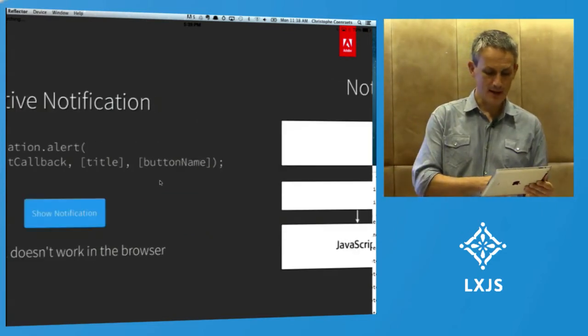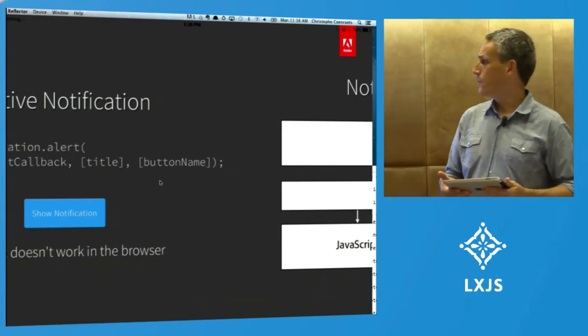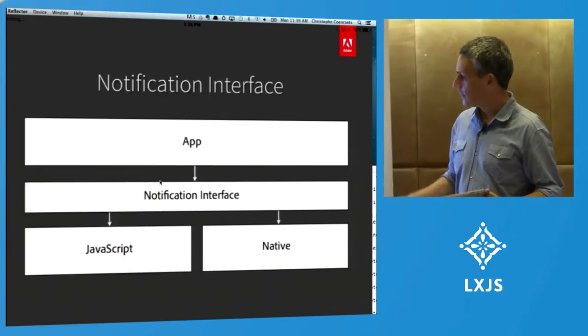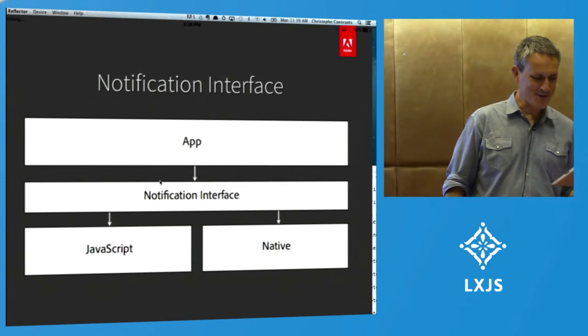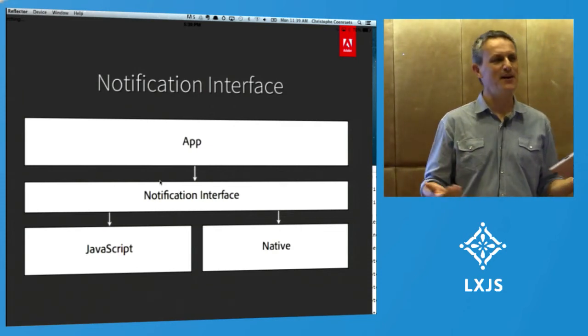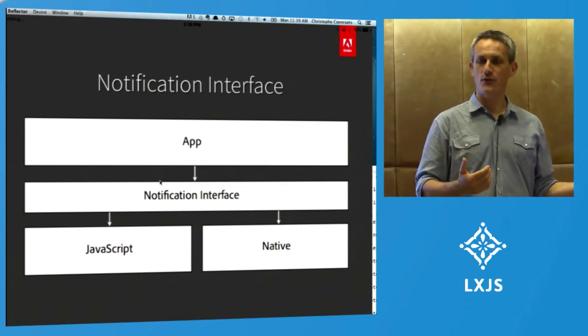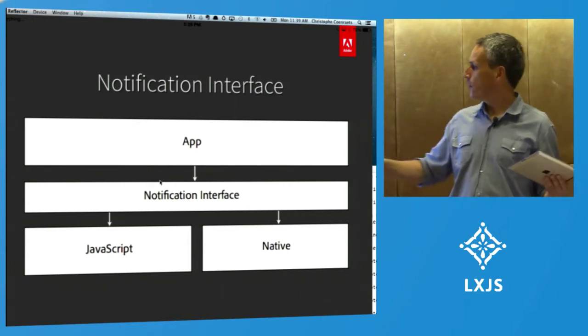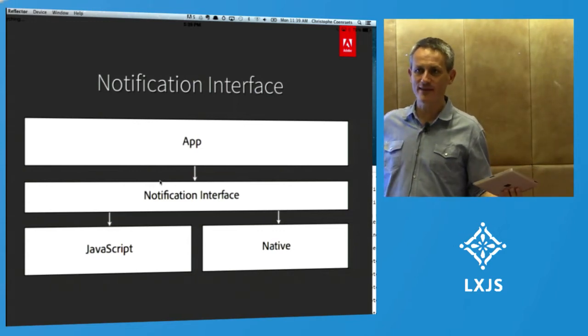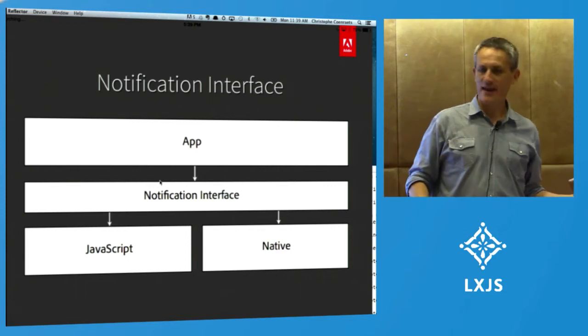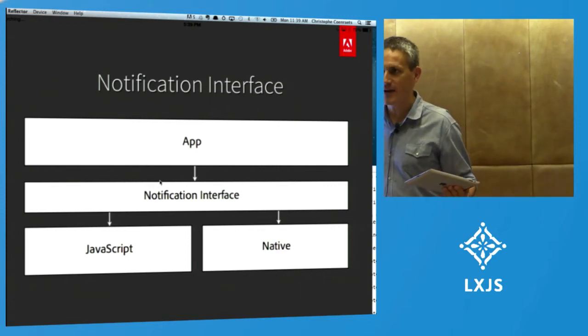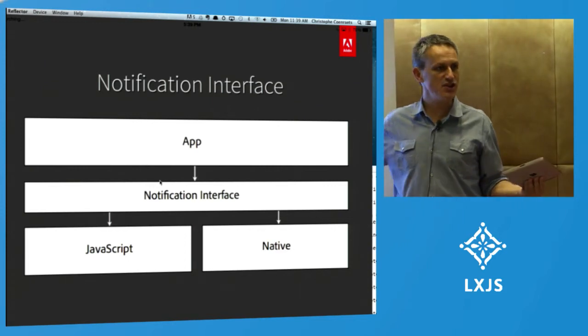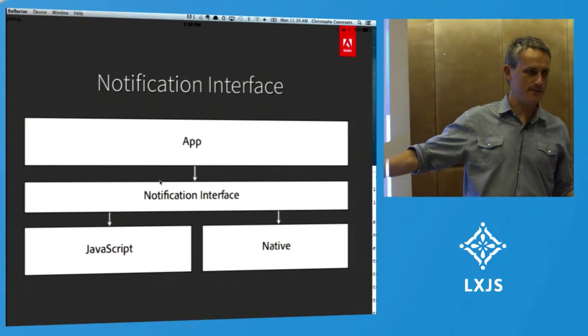So what do you do? You're going to have some kind of a way to abstract that. In the same way we abstracted the data access mechanism by providing a common interface with different implementations, we can do the exact same thing here.